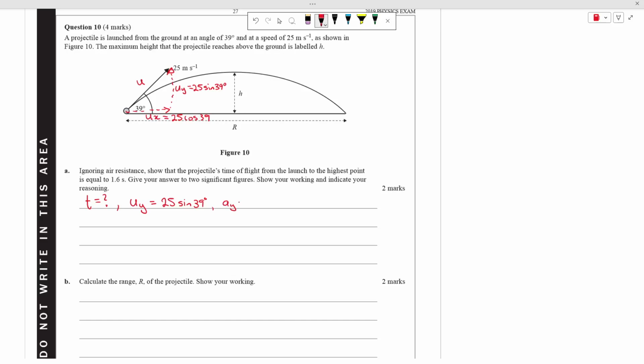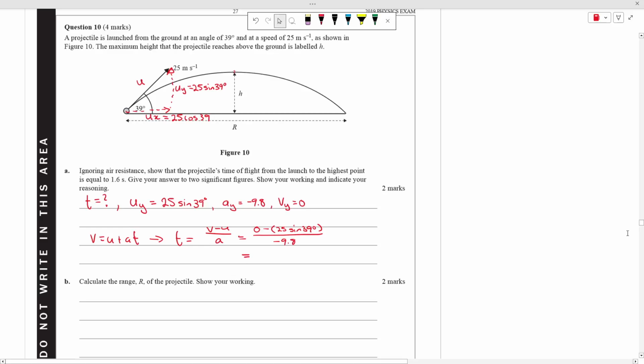We've got acceleration due to gravity as negative 9.8, and we know that at the top of the flight, its vertical velocity is 0. Alright, SUVAT, we want t, so it's v equals u plus at, or t equals v minus u over a. v is 0, so we have negative 25 sin 39 over negative 9.8, so the negatives will cancel out, giving us a positive time.